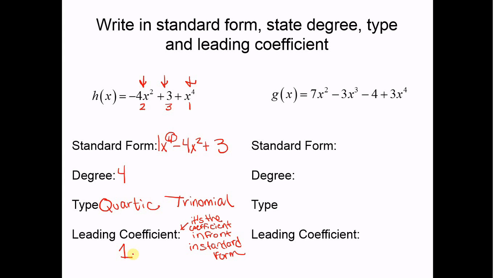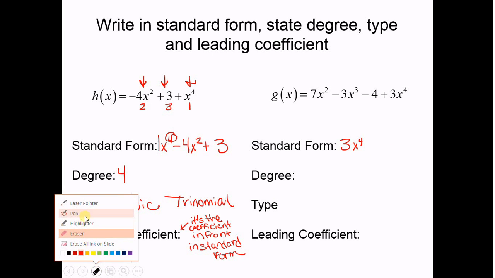Let's try this next one. I have 7x squared minus 3x cubed minus 4 plus 3x to the 4th. My very first thing is to write it in standard form. I look at my powers: I have a squared, a cubed, no x, and a 4th. So the 4th has to go first. My cube is going to go next, but actually I'm not supposed to have a positive there, I should have a negative, because it's subtraction.